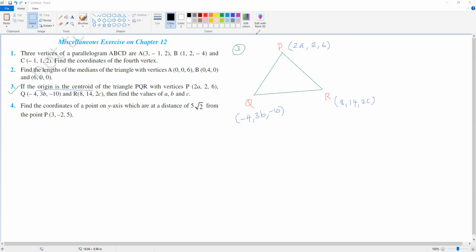So as I told you earlier, centroid means you can draw three medians to a triangle. A median is the line segment from one vertex to the midpoint of the opposite side.